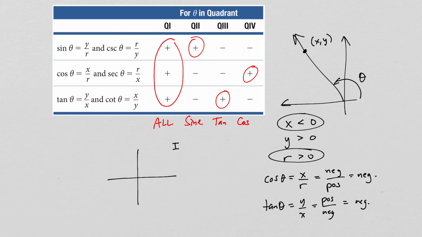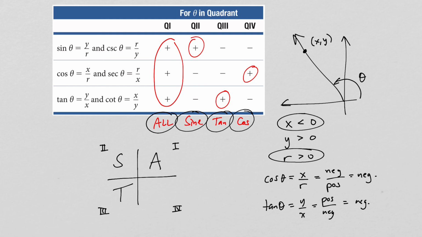So we have our 4 quadrants. Quadrants 1, 2, 3, and 4. In the first quadrant, they are all positive. So we put an A to represent all. In the second quadrant, only sine and cosecant are positive. So we put an S, and that represents sine and its reciprocal, cosecant. In the third quadrant, tangent is positive and its reciprocal, cotangent.